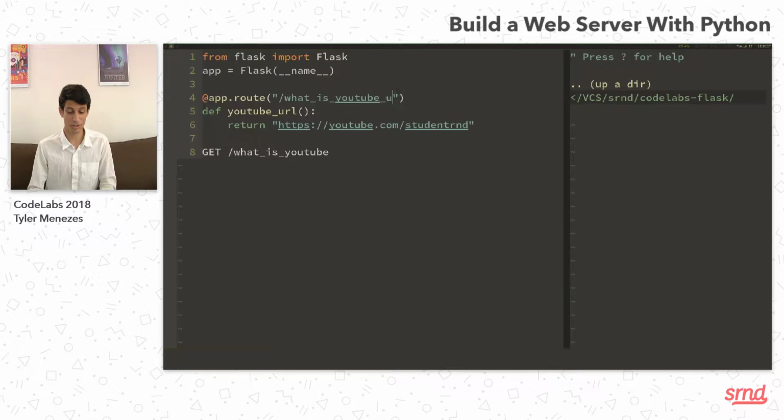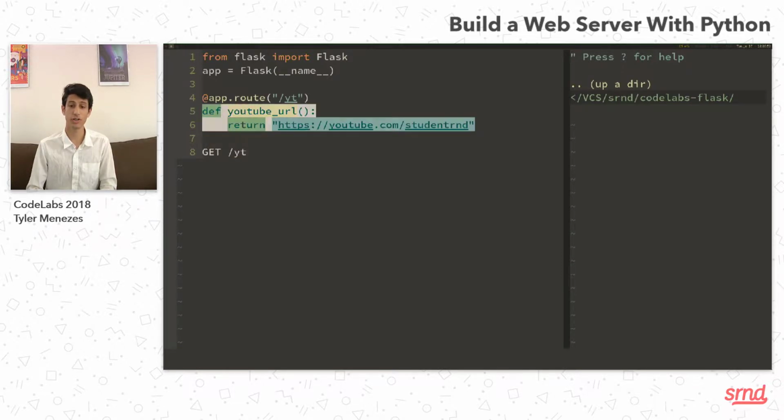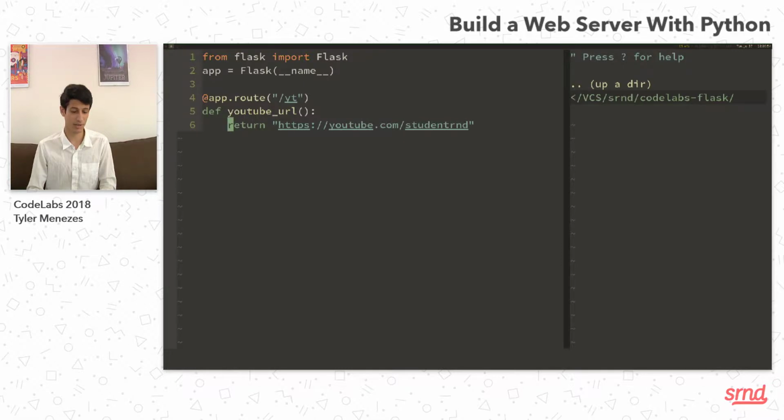Perhaps it should be called what is YouTube URL. This is really long, so I'm just going to say /yt. Whenever we see this URL that is /yt, run this function and return back to the web browser whatever the value is of that function. So we're going to leave it at that.